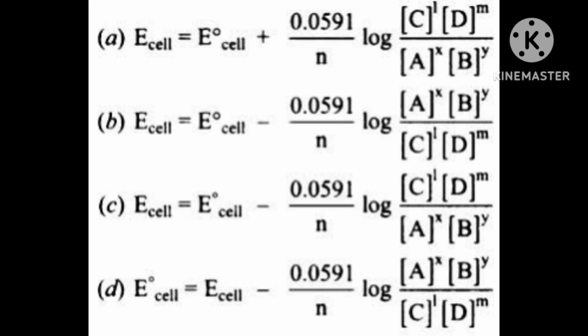Represent the cell in which the following reaction takes place. What is that reaction? Mg, which will be solid, Mg plus 2Ag+, and its concentration is given in bracket, 0.0001 M. This is because silver ion will not dissolve too much, that's why the value will be less.